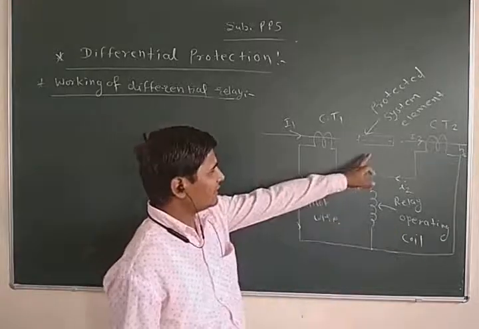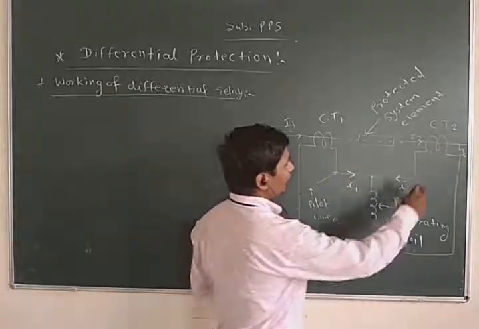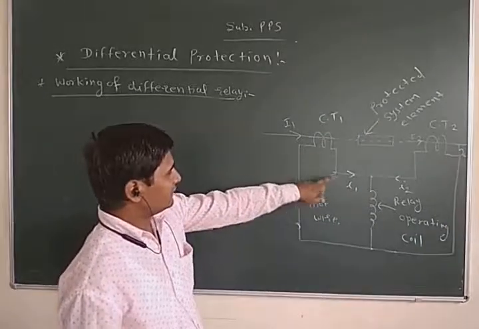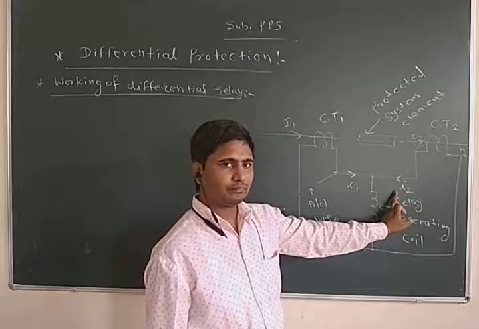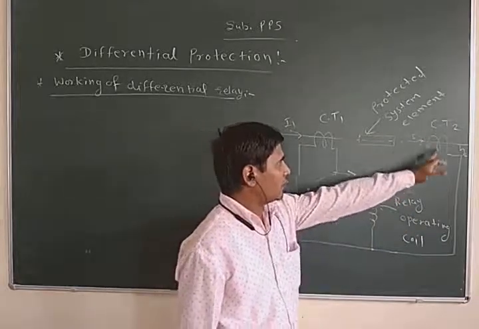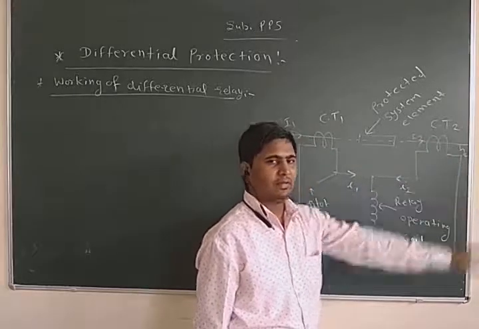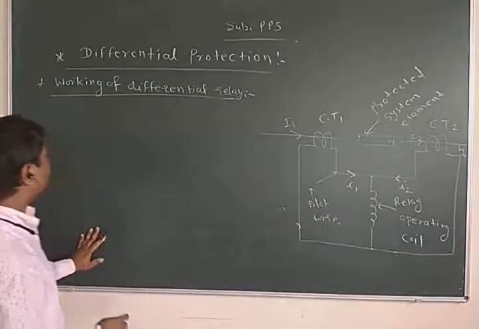But if there is any fault in the circuit, then output of CT1 is I1 and output of CT2 is I2. But in this condition, output of CT2 is affected due to fault current. So we can say that I1 is not equal to I2.